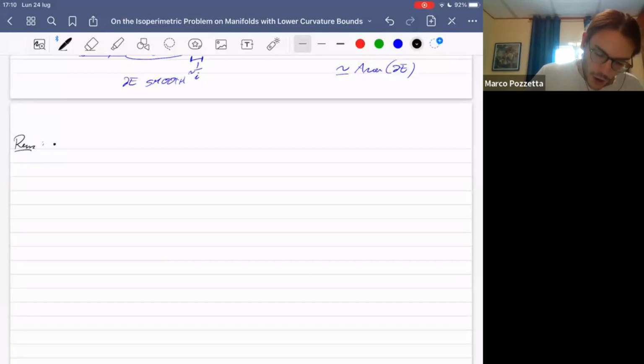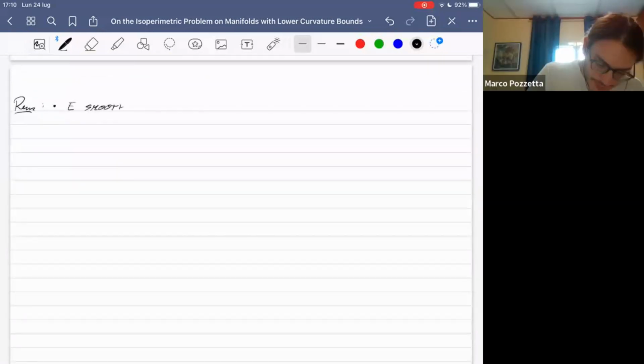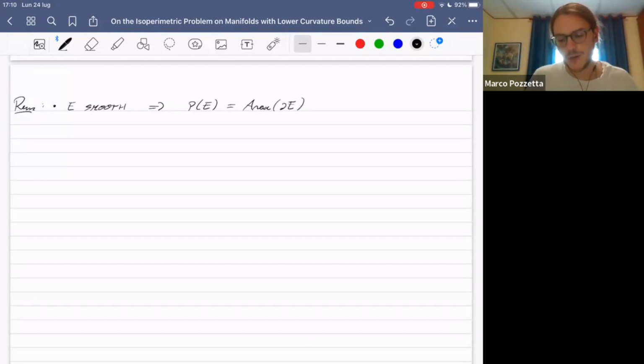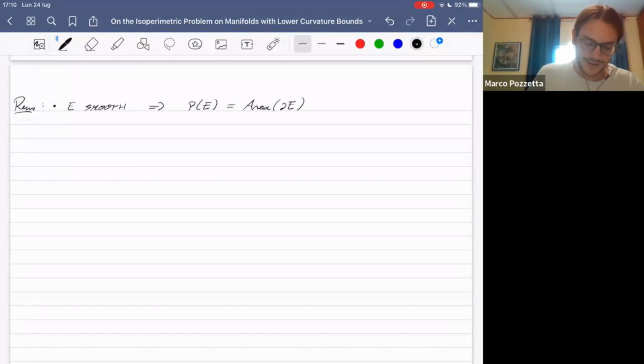First remark, of course, in case E is smooth, meaning that the boundary of E is a smooth submanifold, then of course this weak notion of perimeter agrees with the usual notion of n minus one dimensional volume of this submanifold that is the boundary of E. So it should agree with the classical notion.